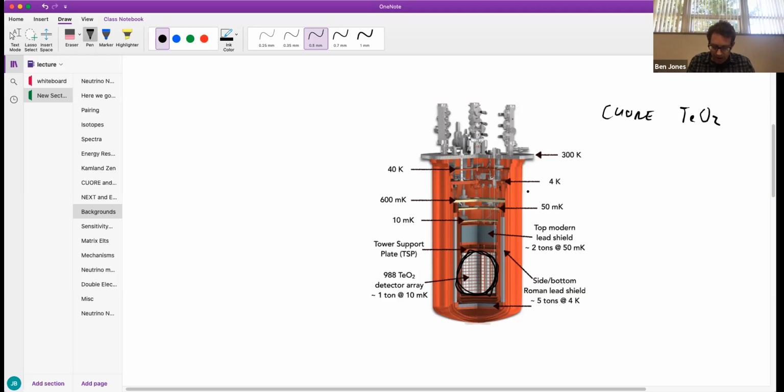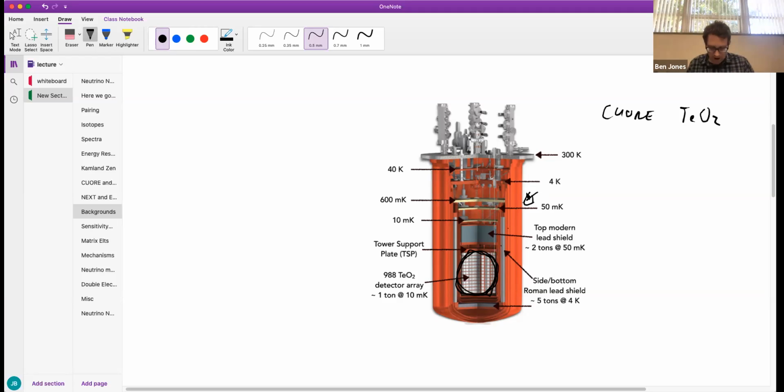And like all of these detectors, it's kind of like an onion, with the layers of the onion skin becoming increasingly clean materials as you go into the middle, because the first thing you do is surround it with a load of copper, because copper is the cleanest commercially available material that we know about. But the copper itself has some backgrounds from uranium and thorium.